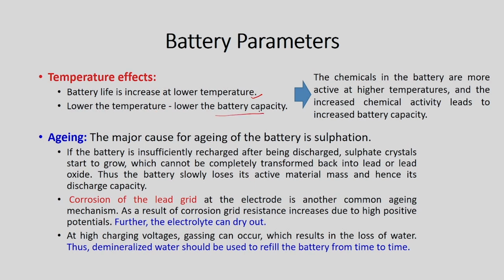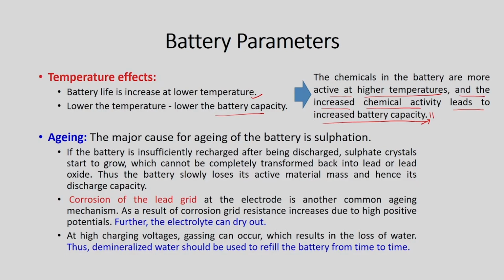What happens is that the chemicals in the battery are more active at a higher temperature, and the increased chemical activity leads to increased battery capacity. So by increasing the temperature we can increase the capacity of the battery, but if we increase it beyond a specified value, it will have a detrimental effect on the battery health.